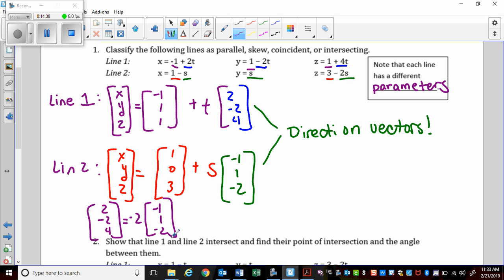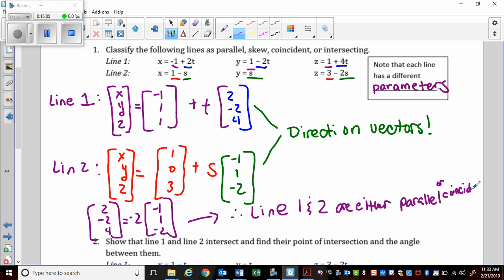And they both change signs and they become this vector. That means that line 1 and 2 are either parallel or they're the same line. And that new word that we learned for the same line is coincident. Okay. So let's look at the points.